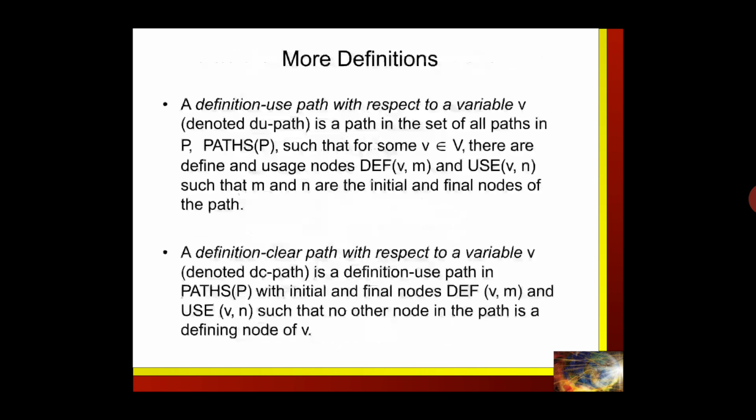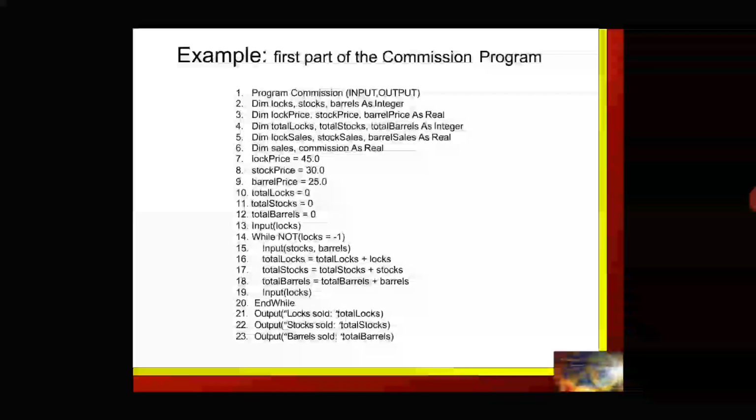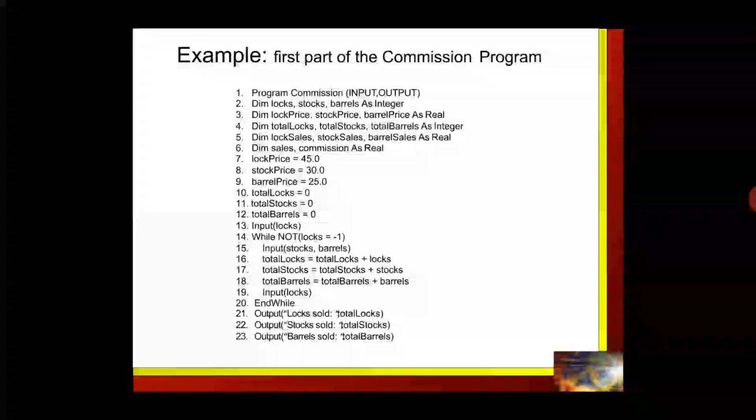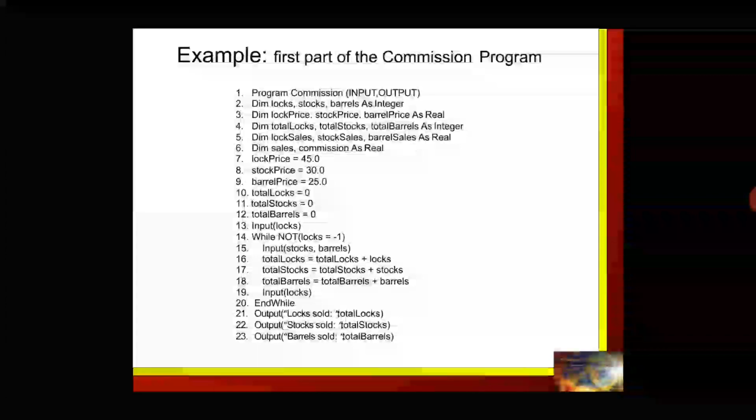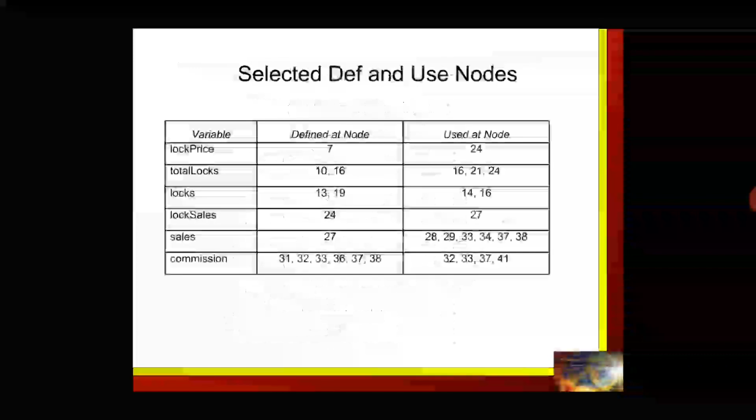Defined at 19, right? 19 and defined. Input lags, right? Input lags I defined. But I am going to use, since it is a loop, I am going to use 19, 20, 16 also. Total lags is equal to total lags plus lags, right? Defined at 19, use it at 16. That's why it can have many sequences like this.